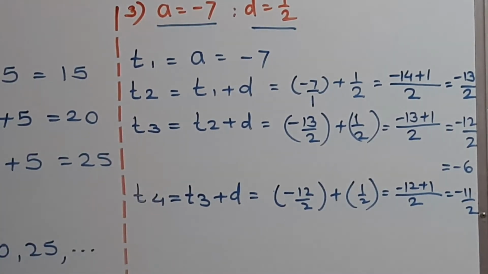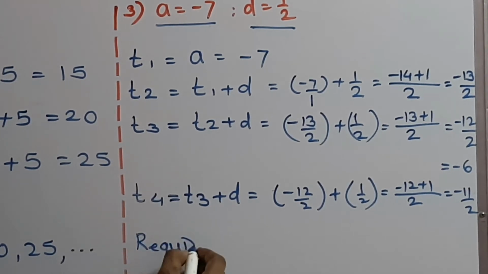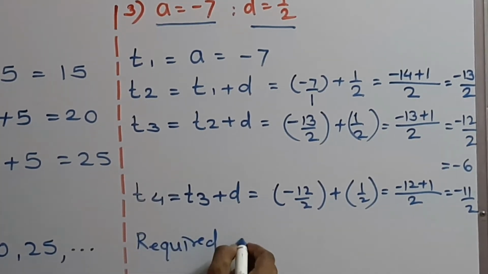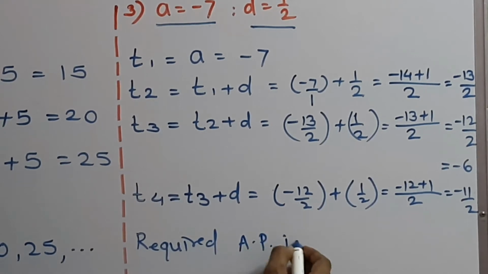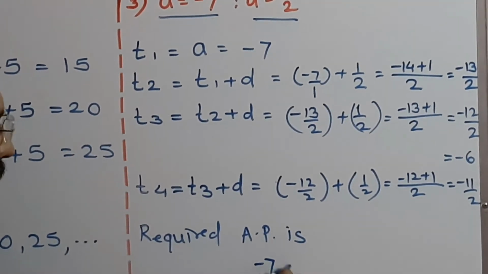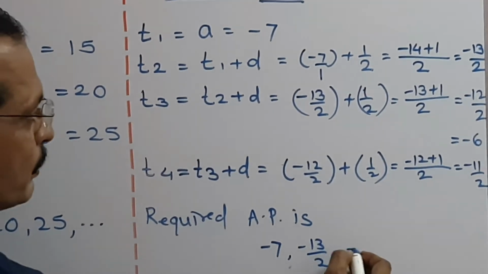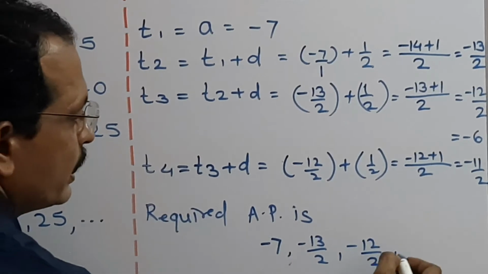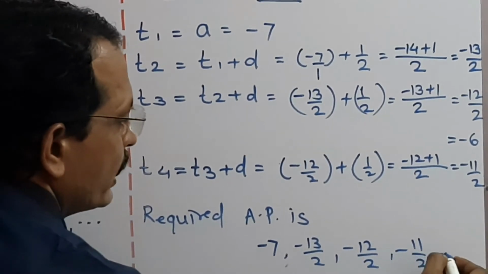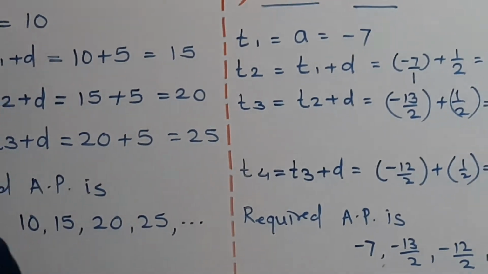Therefore we find out the fourth term. Therefore the required arithmetic progression is, first term is minus 7, second is minus 13 upon 2, minus 12 upon 2 and minus 11 upon 2 and so on. Like this we solve 2.